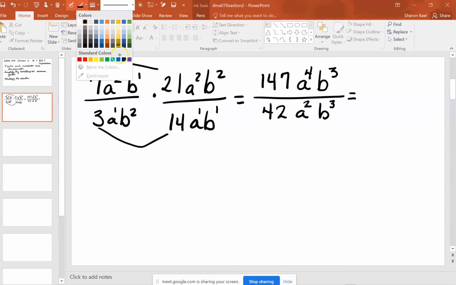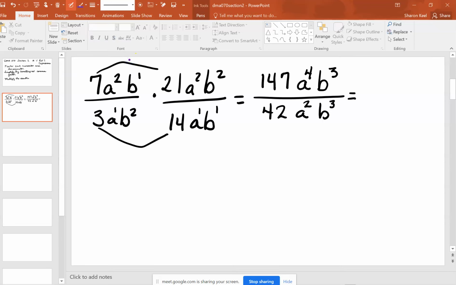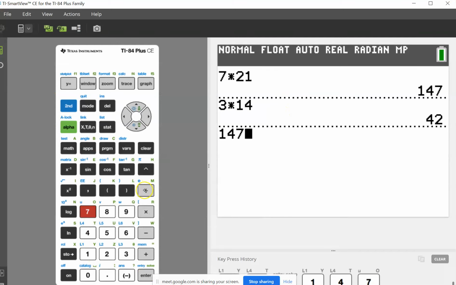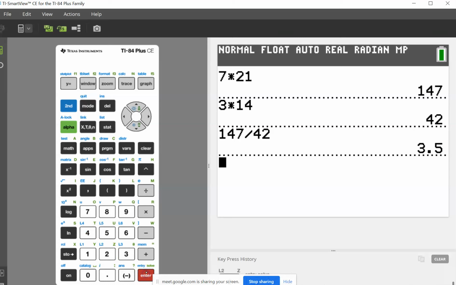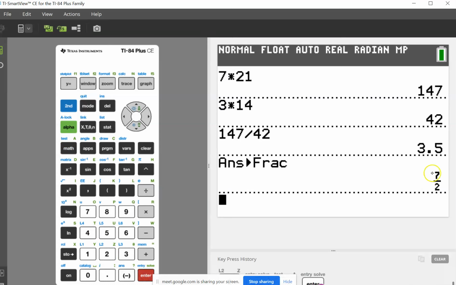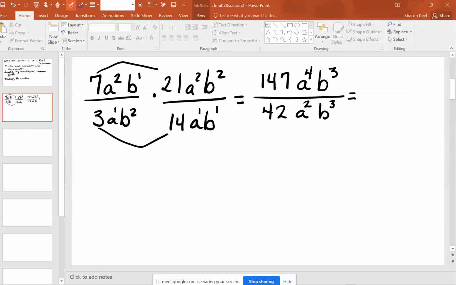If there's no addition, no subtraction, I would not factor to prime numbers personally. The examples in the book do show it that way, but I don't like to do it that way. I like to multiply. Now the next thing I'm going to do is look at this fraction, 147 over 42. When I press math and enter twice, that reduces to the fraction 7/2.